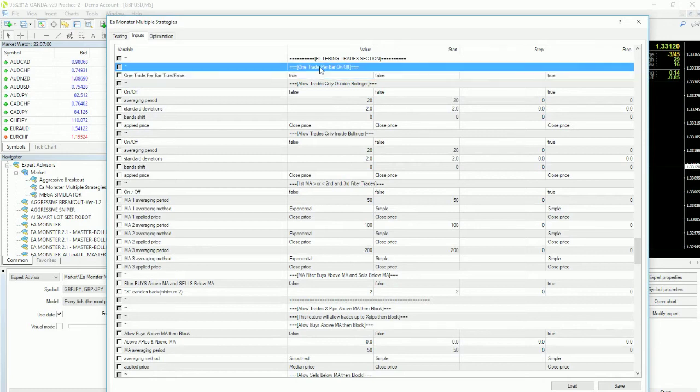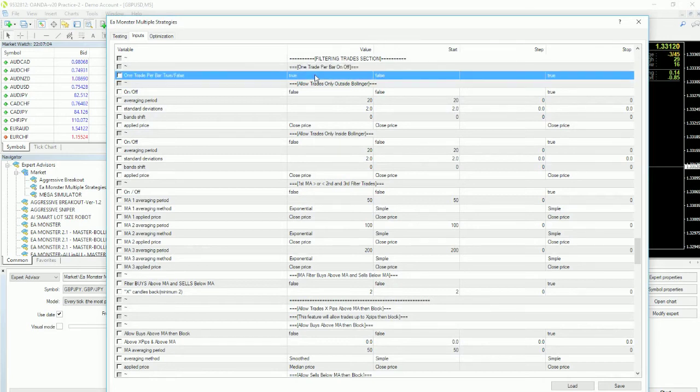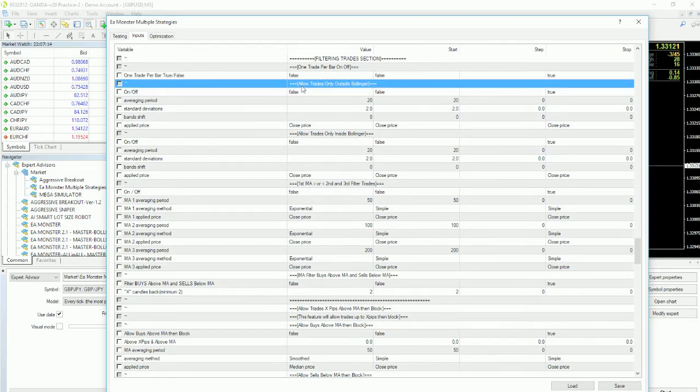So I got filtering trades, open one trade per bar. This is very important. If this is not set correctly, you're going to have big problems. If you have this set to false, it's going to open up as many trades as it will signal on one candlestick.